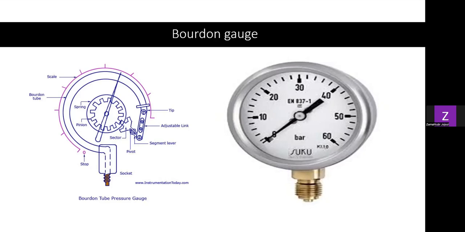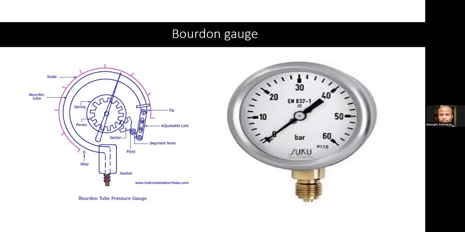So when there's increased pressure, it straightens out, pulling on the adjustable link and the pivot and in turn the marker, and it gives you a reading on the scale. When there's low pressure, it reverts to the C shape, which turns the marker, I think, anticlockwise. Okay, good. I'm happy with that.